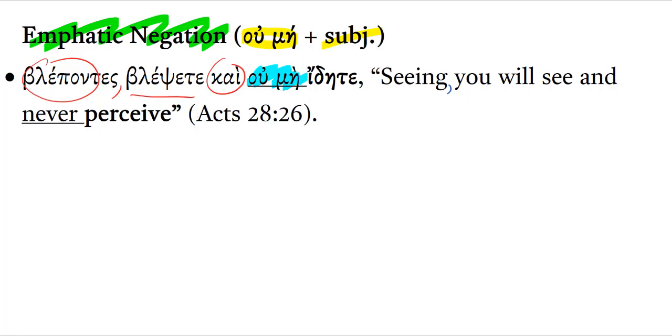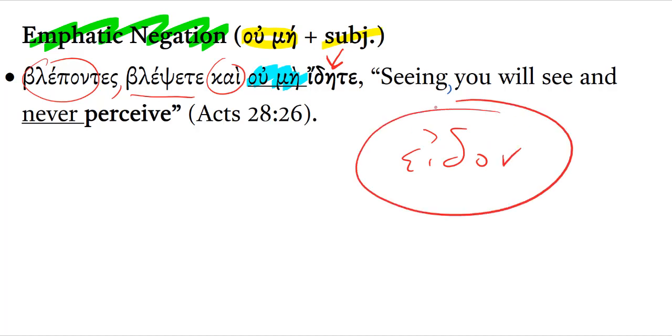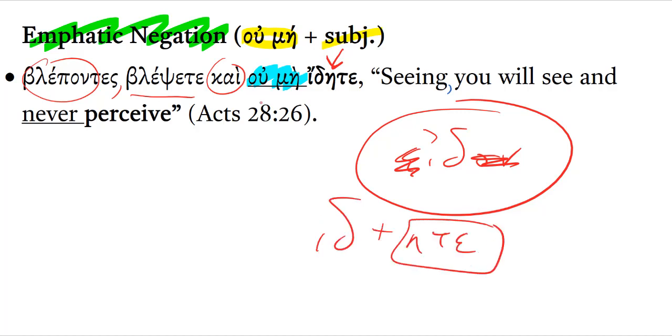We know the subjunctive is coming. There's a lengthened vowel. Perhaps you recognize this is coming from the second aorist stem of eidon, from horaō or blepō. So our real stem there is id, plus the subjunctive, second person plural ending. You will never ever see. You will never ever perceive. Right? The ou mē, we have to render some emphatic negation in English. Certainly not, never ever, never, something like that.